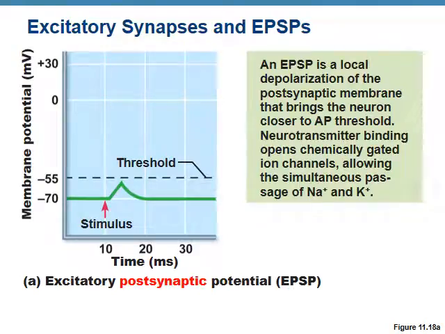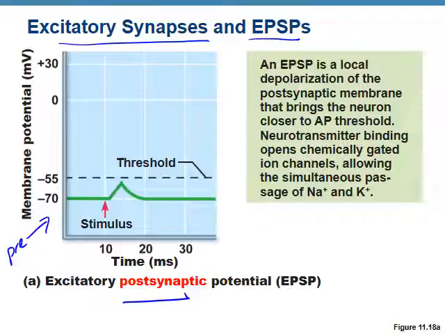So this example is showing you an excitatory synapse, or an EPSP, excitatory postsynaptic potential. So remember that the pre had to cause the post to do this, right? So here is the resting membrane potential of the neuron at negative 70 millivolts. You have some sort of stimulus from the presynaptic neuron, and that causes the inside of the postsynaptic neuron to become more positive.